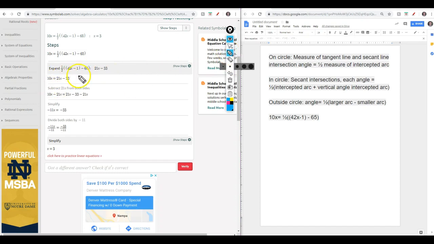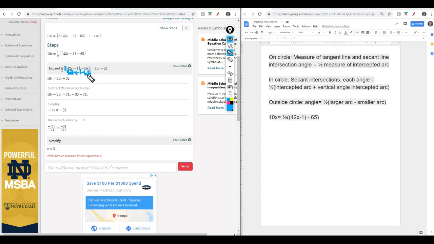How did they get there? There's an implied 1 right here. So 1 times 42x is just 42x, and 1 times negative 1 is just negative 1. So we would have 42x minus 1 right here, minus 65.